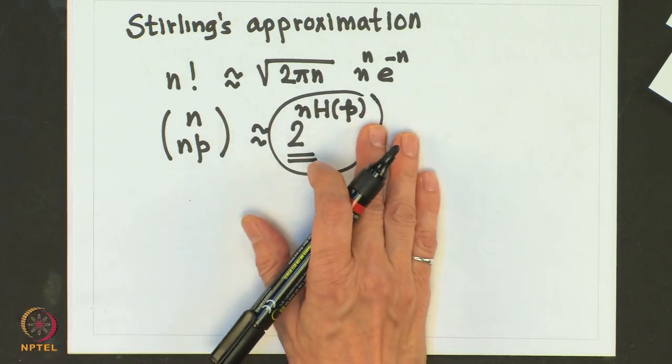Now, if we insist on using all possible input sequences for this channel, then errors are inevitable, because there will be considerable overlap of the received sequences.